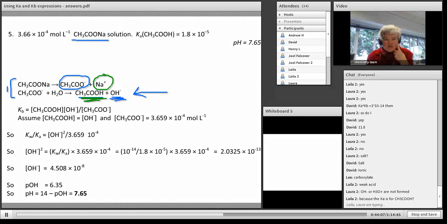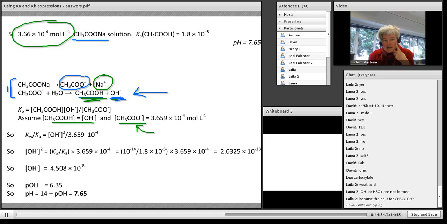Okay, so we use the second equation because we've got a hydroxide there, so it's Kb, and we put in the normal sort of thing. We make our normal assumptions. Okay, there is our concentration of our salt. So can you see how I can make that assumption? My sodium ethanoate has completely dissolved.